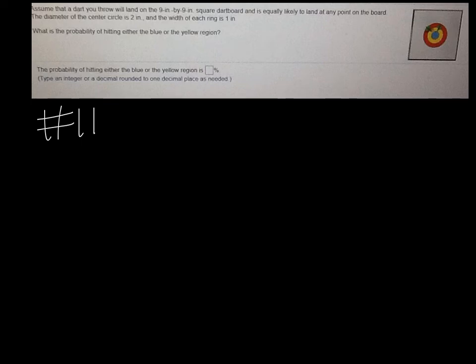So here I'm asking for a percent because it says it's a percent right there. So first I need to know my total. My total is going to be this square, which is 9 by 9. So my area of the square is 81 inches. That's going to be my number on bottom. I'm talking about my percentage, my probability.